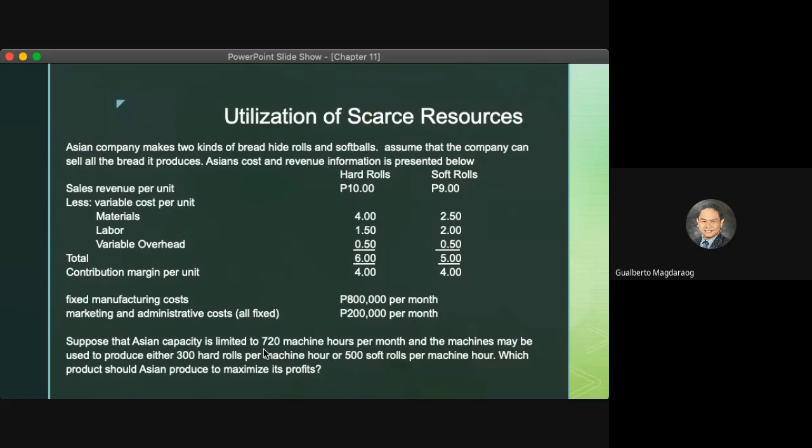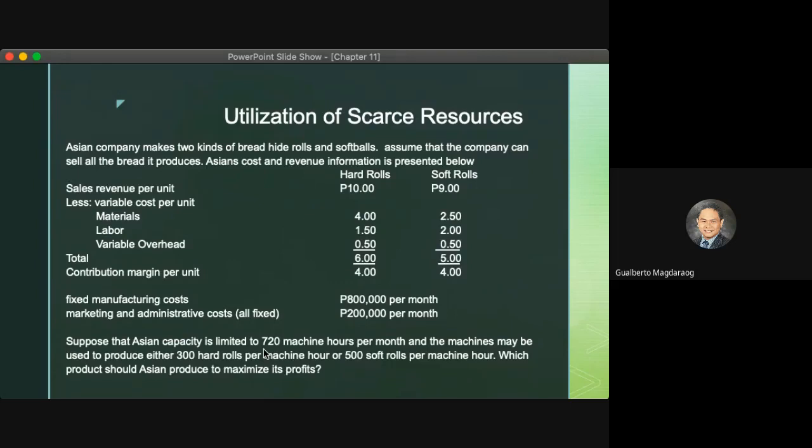That is 4 pesos times 500 units of soft rolls. So in short, dito lang sa data na to, it seems like it is more advantageous if we will produce 500 units of soft rolls and we will have a 2,000 pesos contribution margin. Huwag na tayong gumawa ng hard rolls. Or if we will do it, ang priority natin, yun munang mga soft rolls.